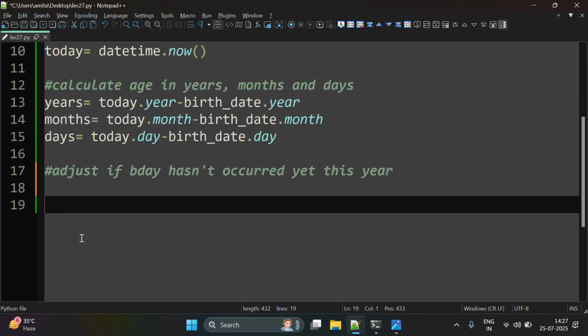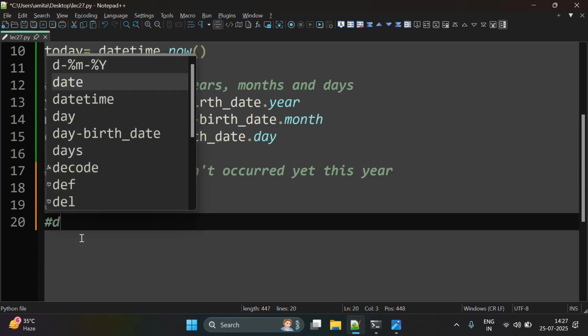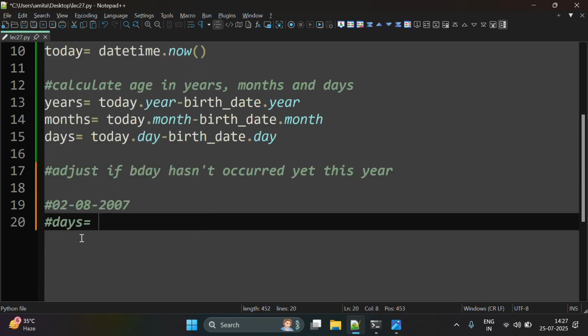For example, let us take 2nd of August 2007 as the user's birth date. Then we can say the number of days is 25 minus 2, which is 23.